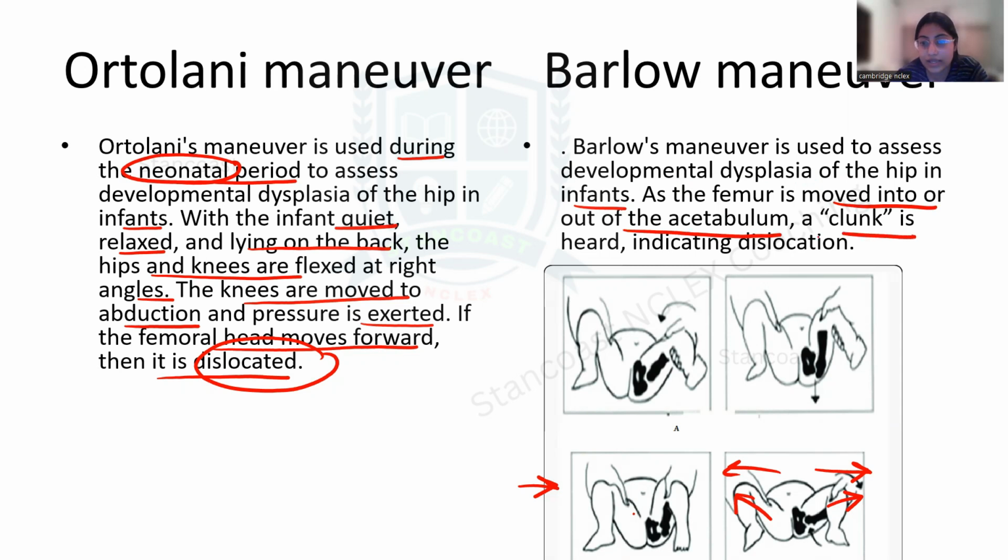A clunk is heard, indicating dislocation. We do adduction, not abduction. We make the legs move close toward the center of the body, and if there is displacement from the acetabulum, then this is the Barlow maneuver. A clunk sound indicates a positive Barlow maneuver.